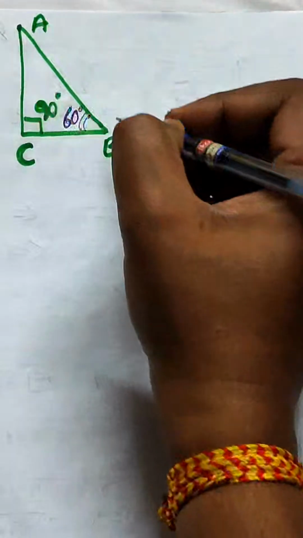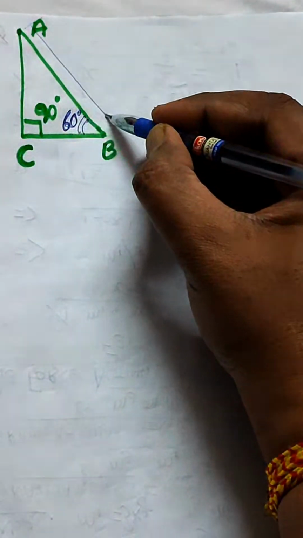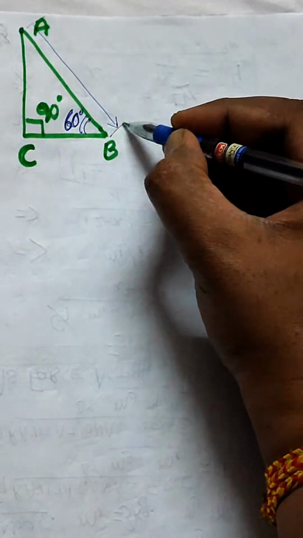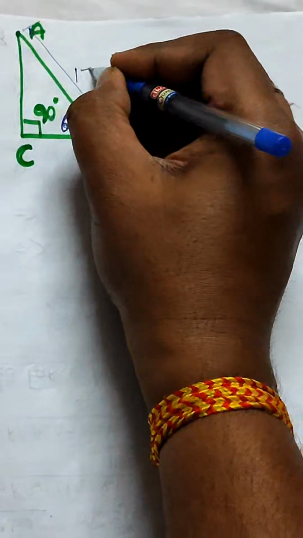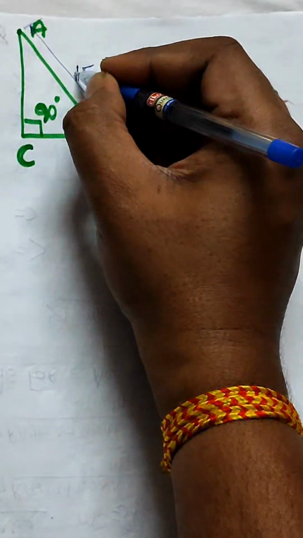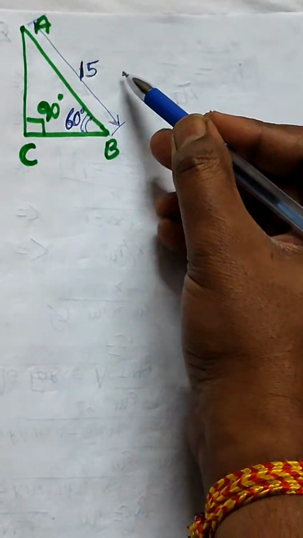The length of A to B is given as 15 units. It can be centimeter, meter, whatever, just forget about the units. Then we need to find the remaining angles and sides.